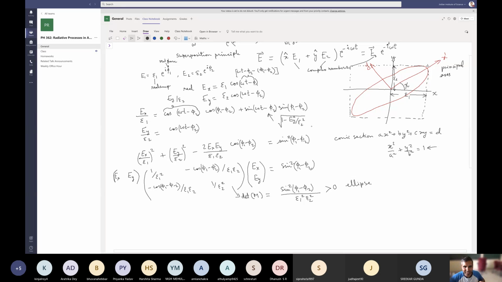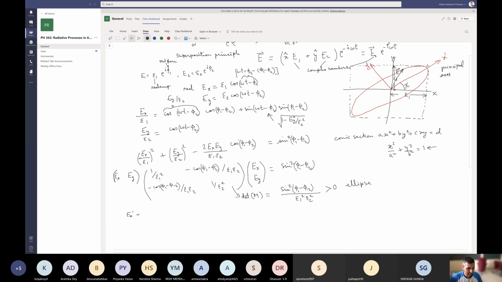So if this angle is chi, we can see, right? Suppose you are at this location. This is your electric field vector, right? You can write the electric field vector either using x prime y prime or using xy, but the vector is the same, right? The components can change. Okay, so let's see.